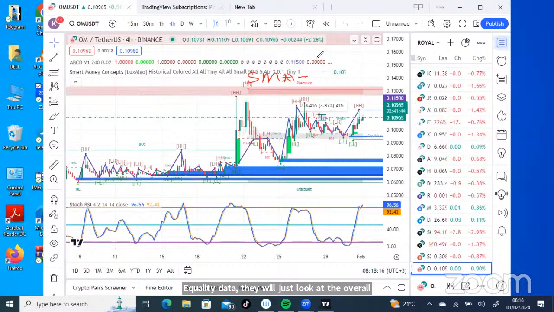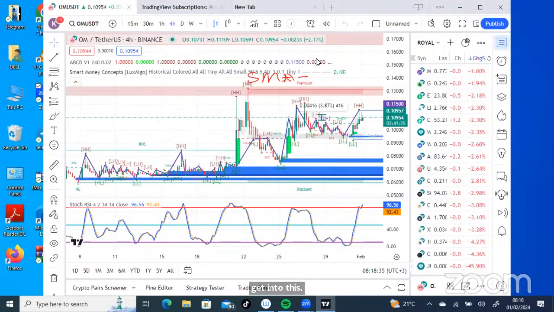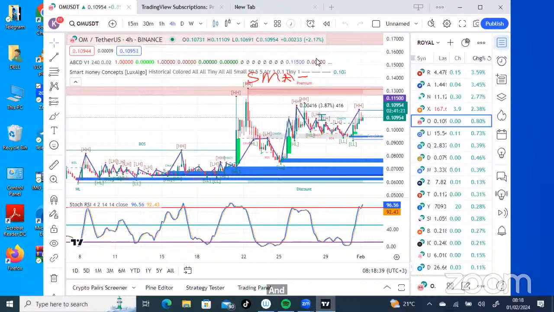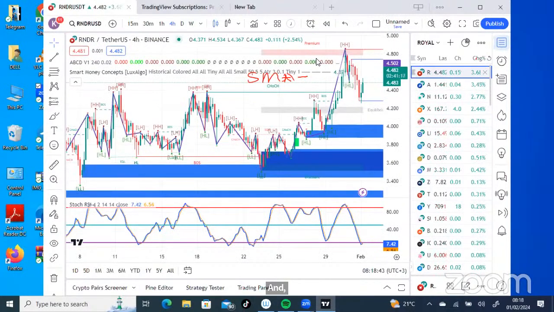But exponential moving averages, they will look at recent and present data and give you concentrated information. So let's now get into this chart and look at it. There's a very good trade.